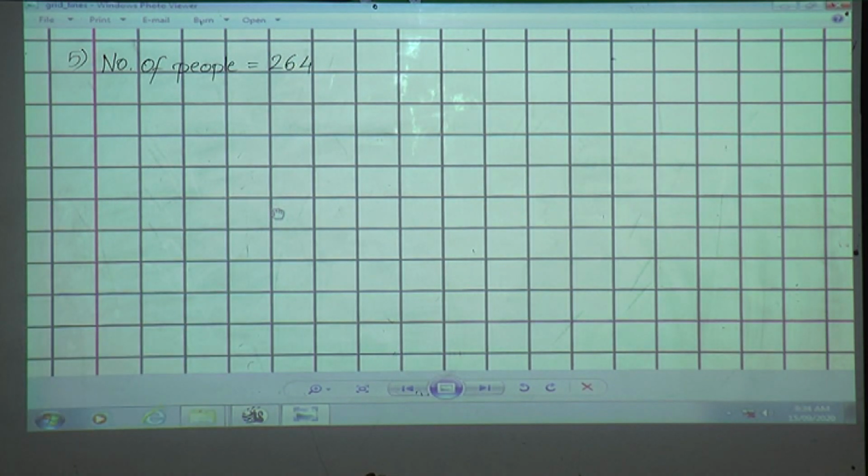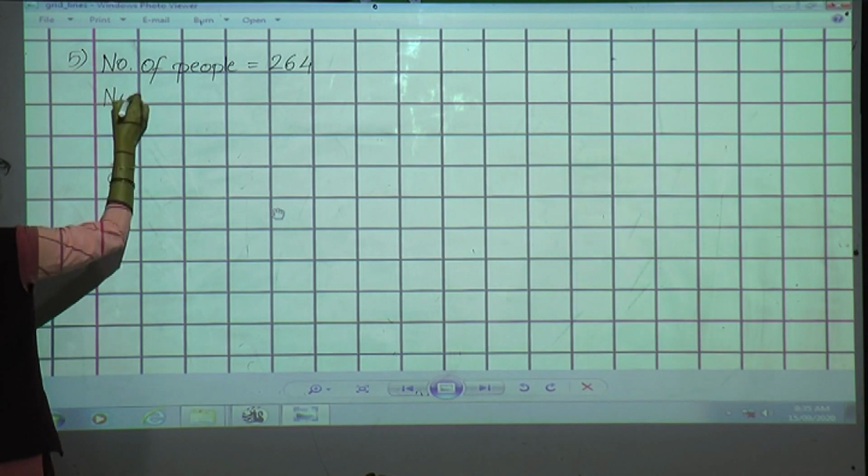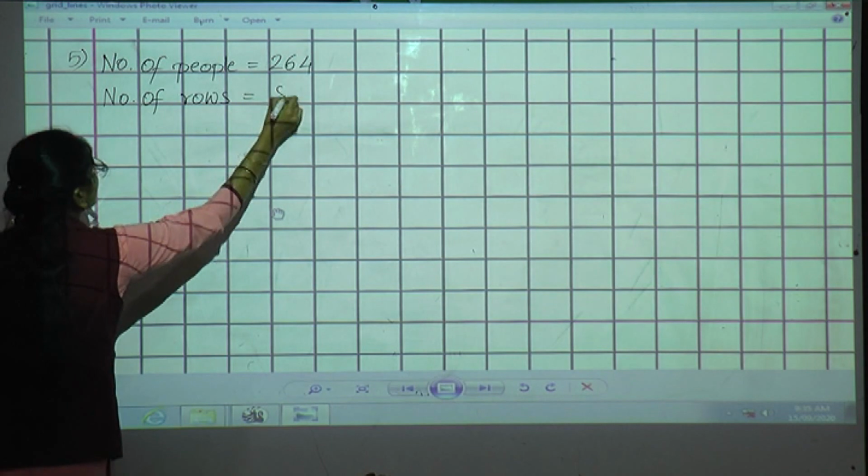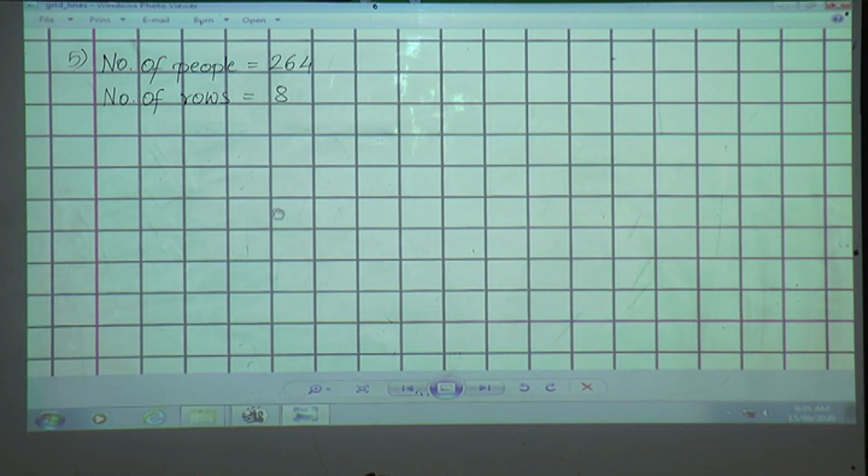Yes, number of people are 264, and that 264 people are seated in 8 equal rows. So here, number of rows. How many rows are there? There were 8 rows, and these 264 people are seated in 8 rows equally.